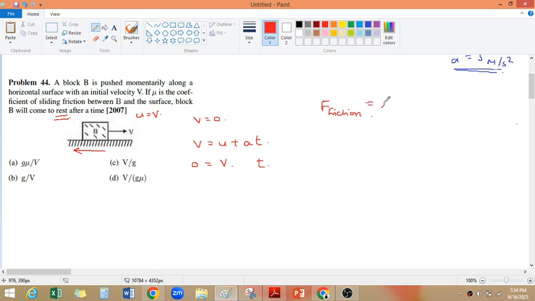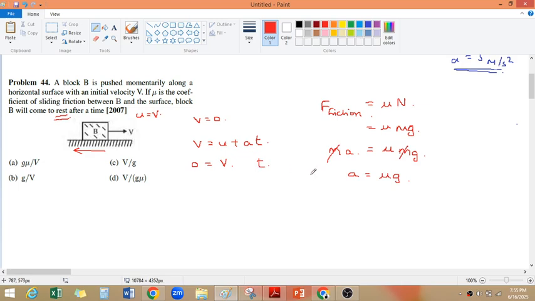So F friction is equal to mu into N, mu into mg. But I know force is mass into acceleration. So m and m will cancel. So acceleration will become mu into g.